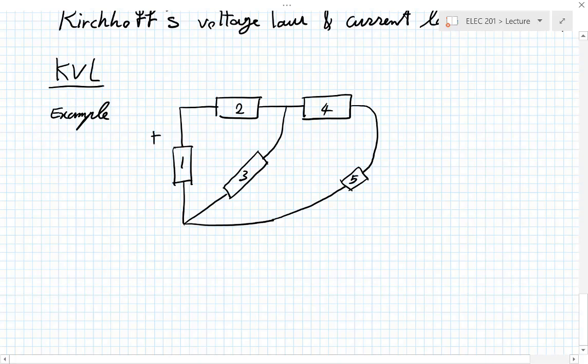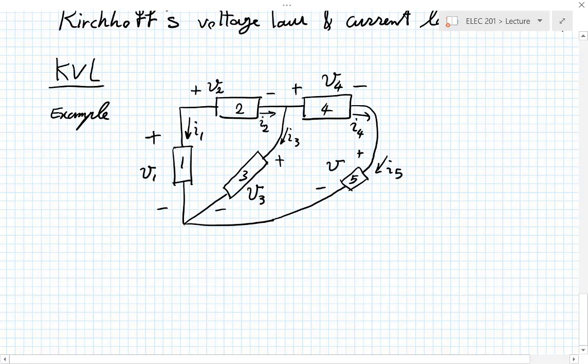So let's call this V1, I1, V2, I2, V3, I3, this would be I4, V4, I5, V5.